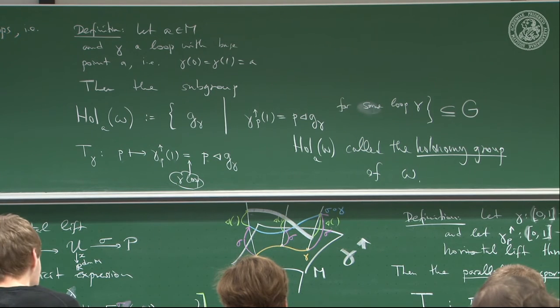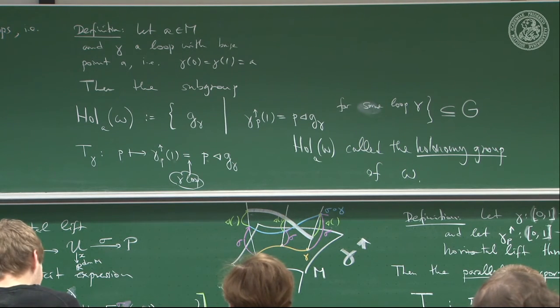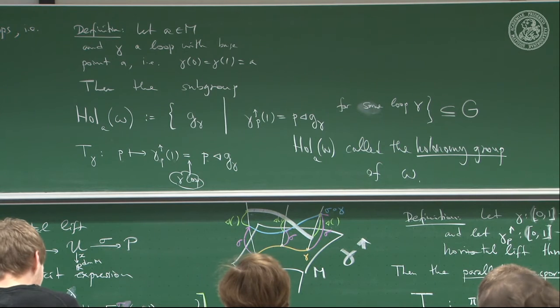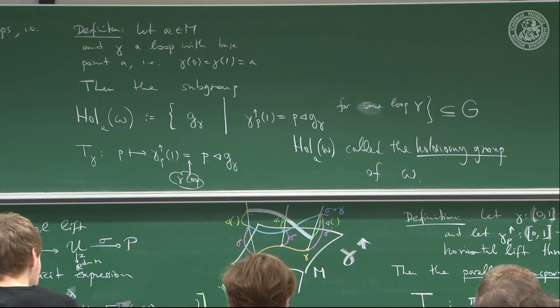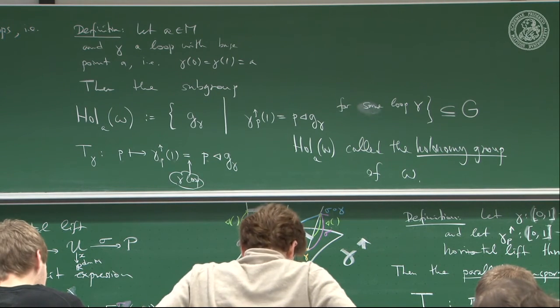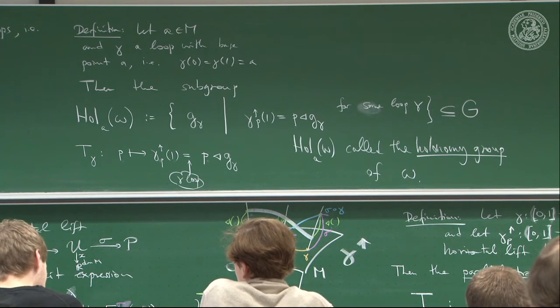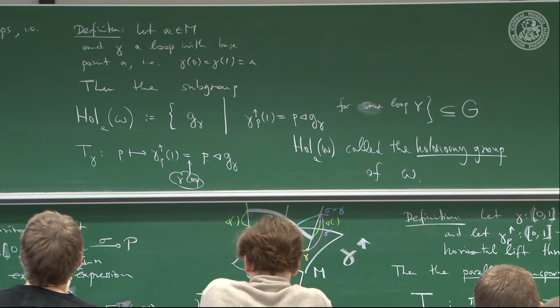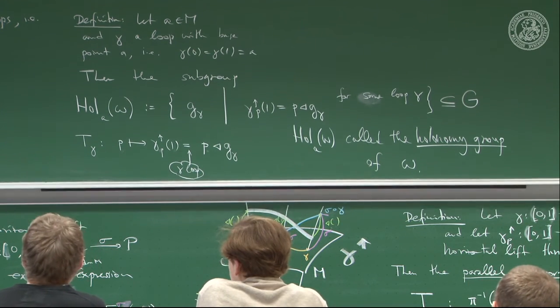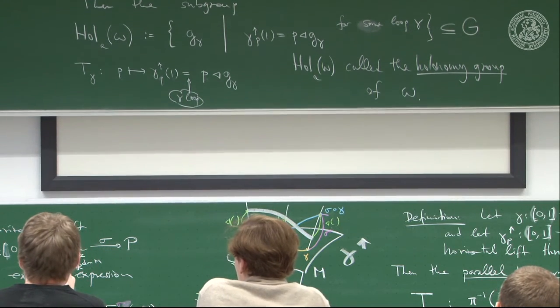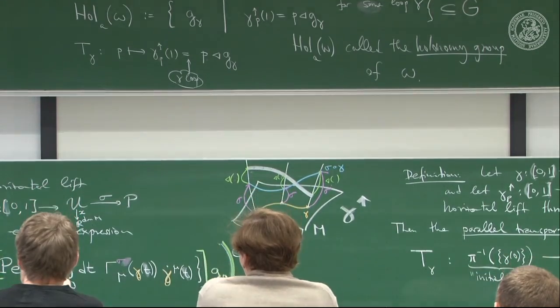So this is because you asked about closed loops. So this is something you can do with closed loops, and that's indeed a special case. Okay. And the holonomy also gives you information about the topology of the manifold.